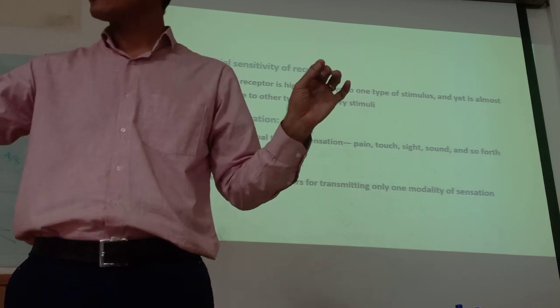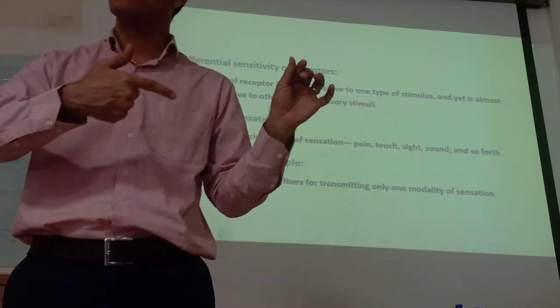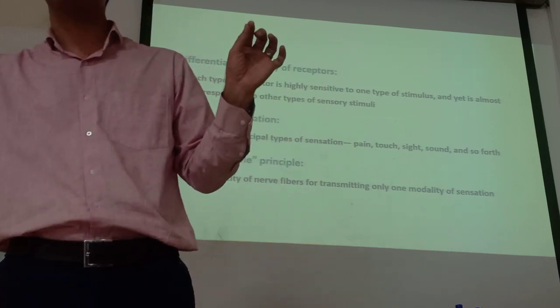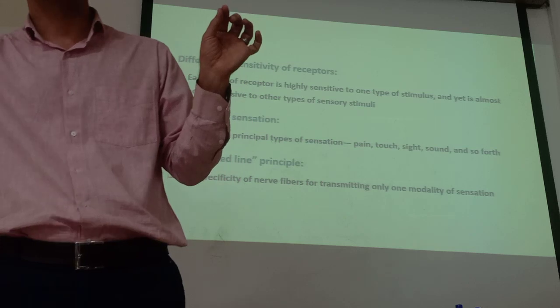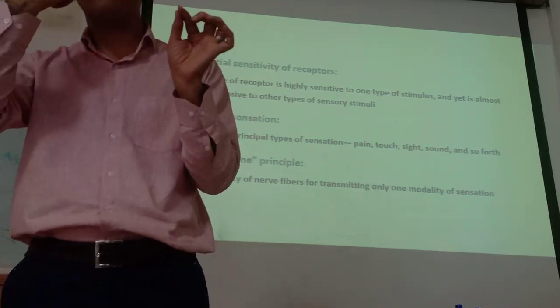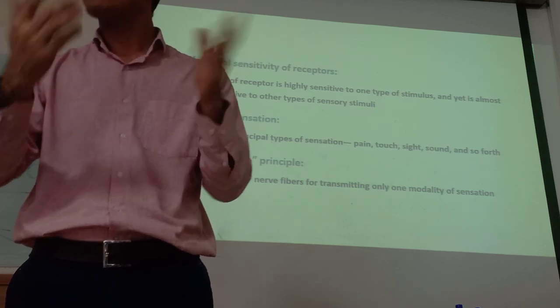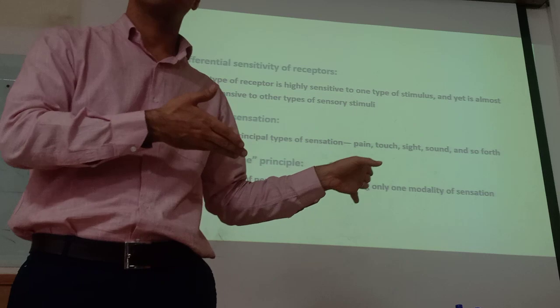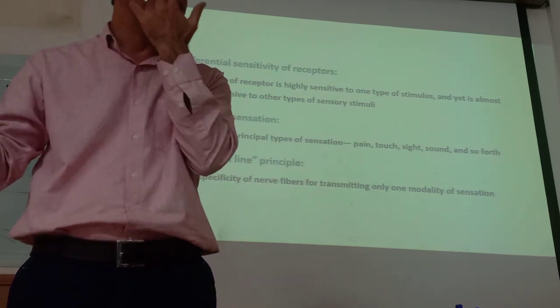So a receptor for pain sends action potential to the brain. A receptor for touch also sends action potential. A receptor for pressure sends action potential. A receptor for light sends action potential. So all neurons use action potential, and action potential is only a change of potential.